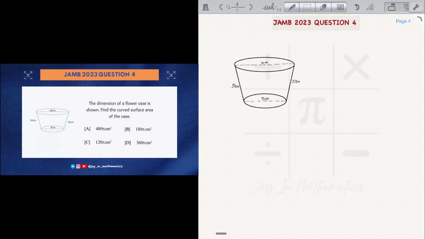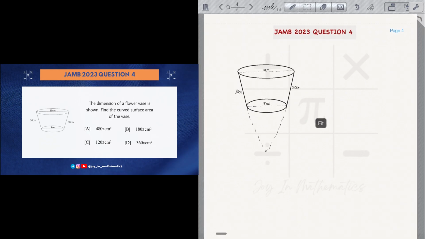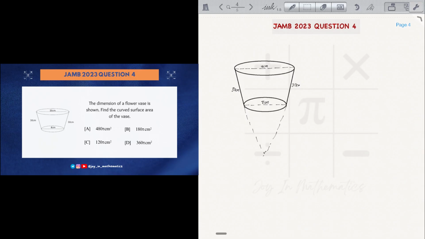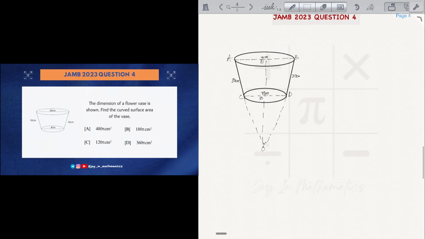Let's take a step backwards. If we complete this vase now to be in a cone format, with a center of O, and we take it upwards, and let's label AB, CD, and EF. Now we can see that AB, O, or let's draw it out.